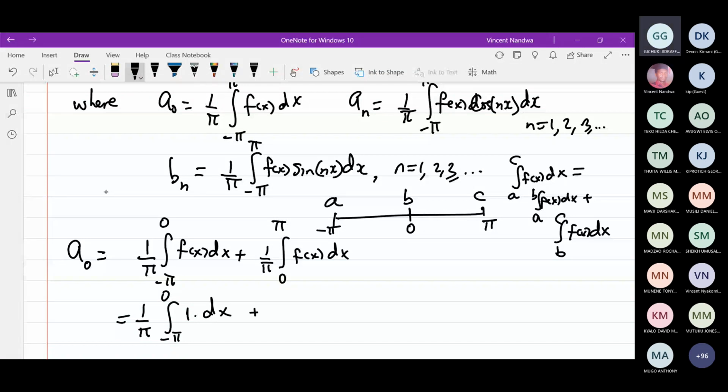It was clearly given in the question itself. When you are integrating a zero function, we get 0. So this part is like isn't there. So a naught is just 1 over pi, minus pi to 0 of dx.